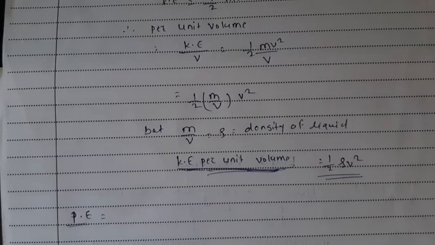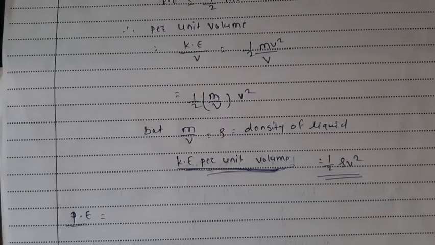In the case of a liquid, when it is at a particular position, or at a certain height h, it will possess some energy due to its configuration or position. That energy is stored in the form of potential energy.